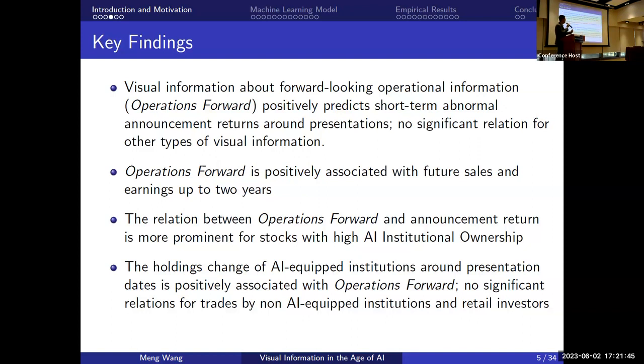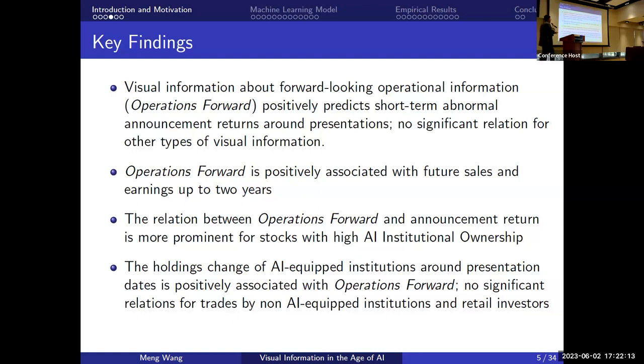Then we divide institutions into AI-related and non-AI-related, and decompose the traditional institutional ownership measure into AI institutional ownership versus non-AI institutional ownership. We find that our main finding between visual information and stock price change is more prominent for stocks followed by AI institutions.